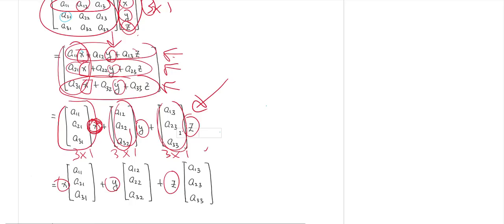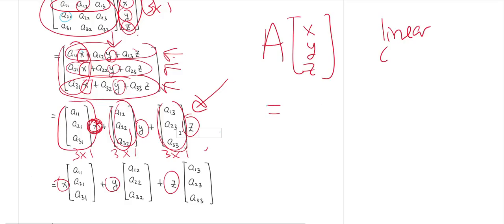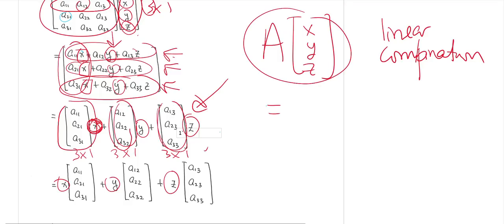Now, what it says is that if you have the matrix A multiplied with x, y, z, what you get is a linear combination. This is also a big concept. We're going to use that a lot, throughout this course, actually. Linear combinations. So what I'm saying is that the result of this matrix multiplication gives you a linear combination of the columns.